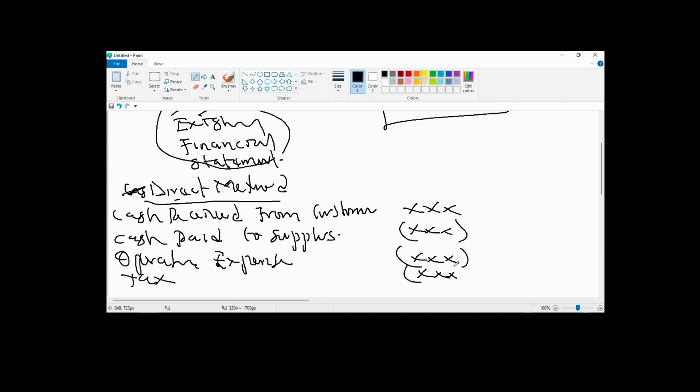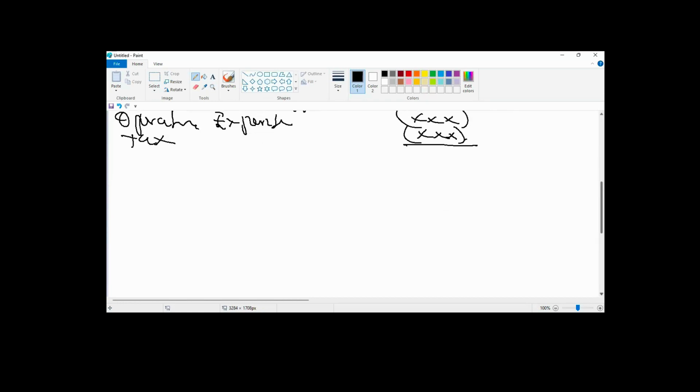It's the same way we used to calculate tax. No other way. Now, how do I get cash receipt from customers? Very simple. Look at it, cash received from customers.